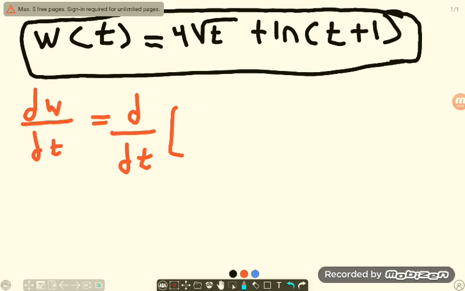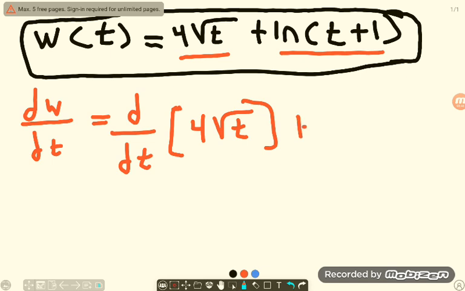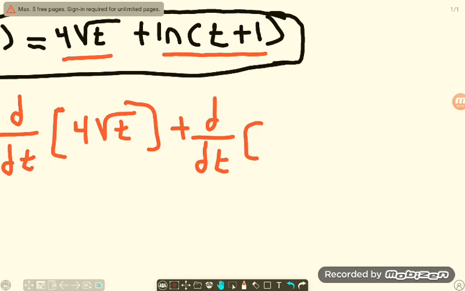It has a few tweaks, but let's get through it again. We're going to use the sum rule. So we're going to take the derivative of the first part plus the derivative of the second part. So 4 root t plus d/dt of natural log of t plus 1. Pay close attention, okay? That's natural log of t plus 1.